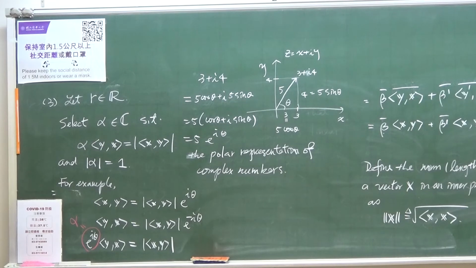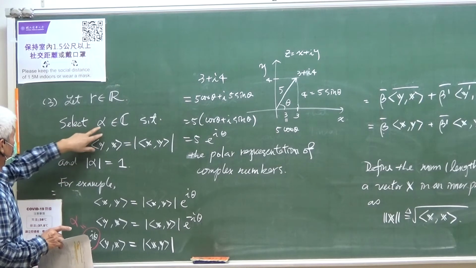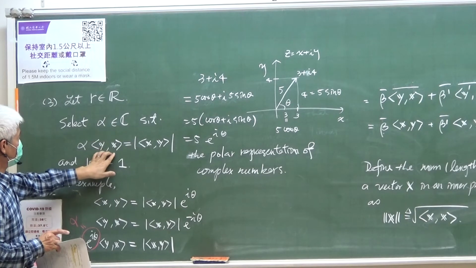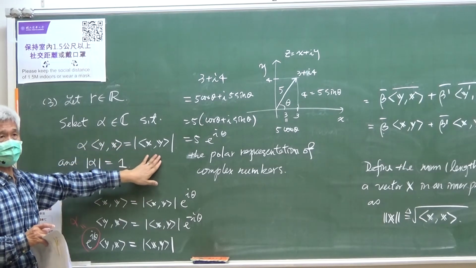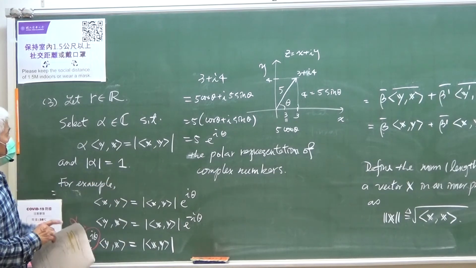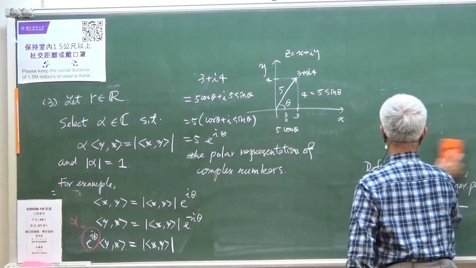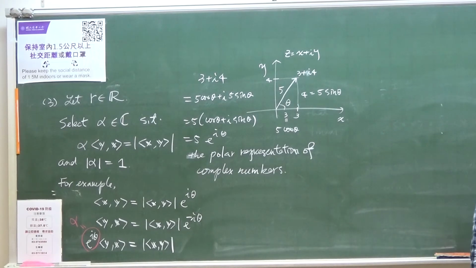So you understand why we can select alpha such that alpha times this inner product is equal to the absolute value. Any question?